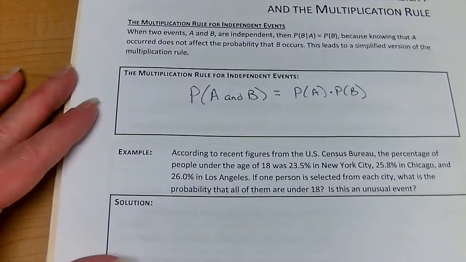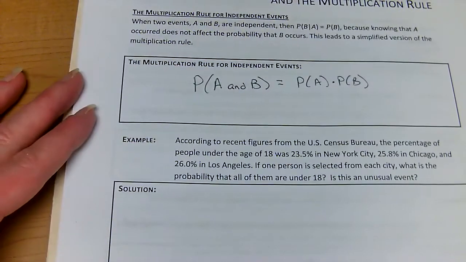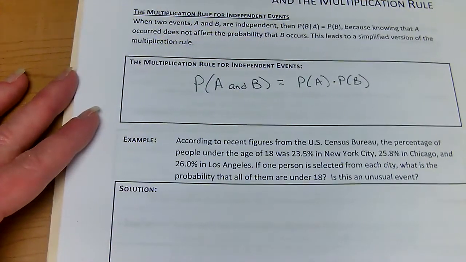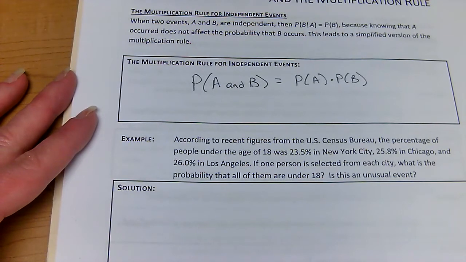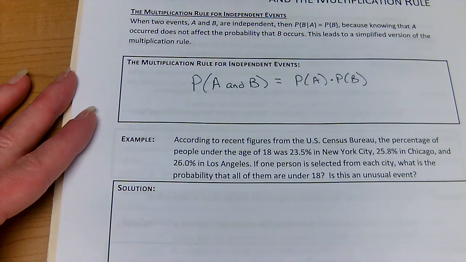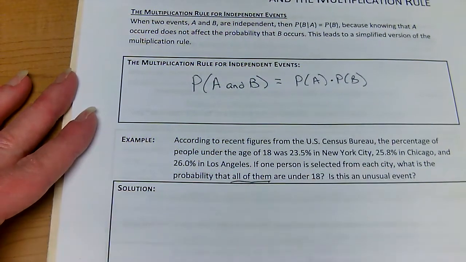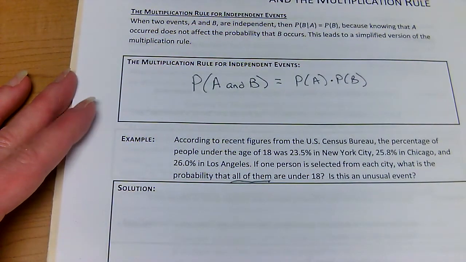According to recent figures from the US Census Bureau, the percentage of people under the age of 18 was 23.5% in New York City, 25.8% in Chicago, and 26% in LA. If one person is selected from each city, what is the probability that all of them are under 18?